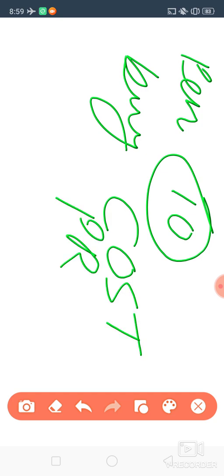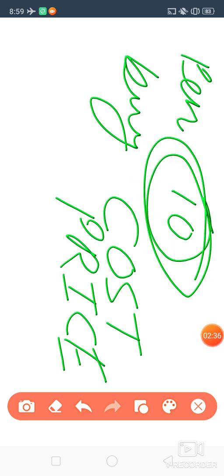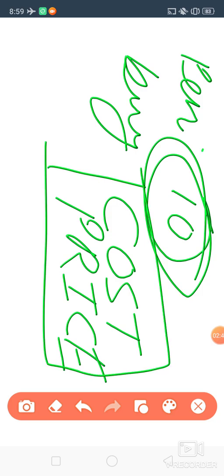Suppose you are buying for 10 rupees, then this is the cost price of that pen.